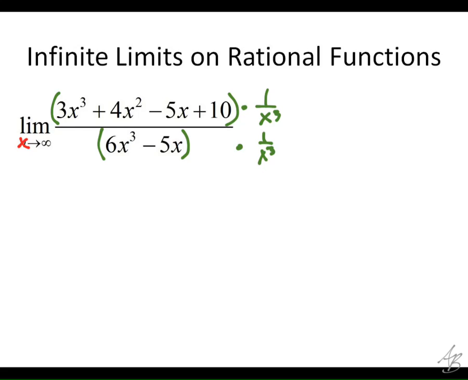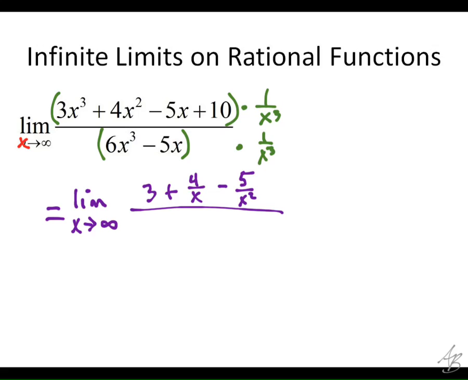So, what is 3x cubed divided by x cubed? 3. All right, one thing to keep in mind, we leave our limit on as long as we don't substitute it in. So we have the limit as x approaches infinity of 3 plus 4x squared divided by x cubed, which is 4 over x, minus 5x divided by x cubed, which is 5 over x squared, and then 10 divided by x cubed is 10 over x cubed.